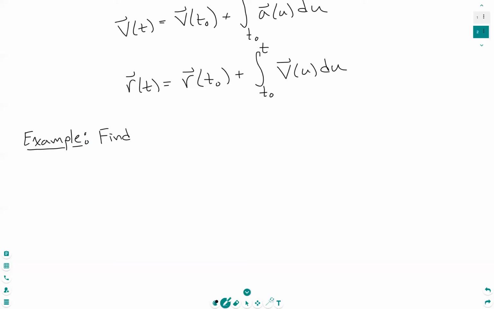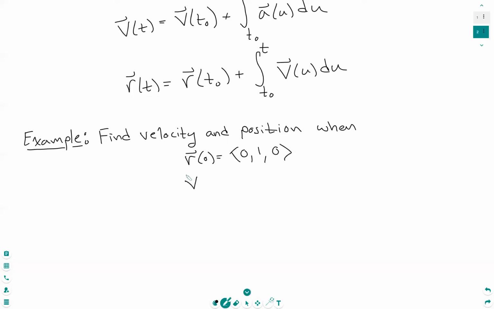So we're going to find velocity and position when r at time 0 is the vector 0, 1, 0.